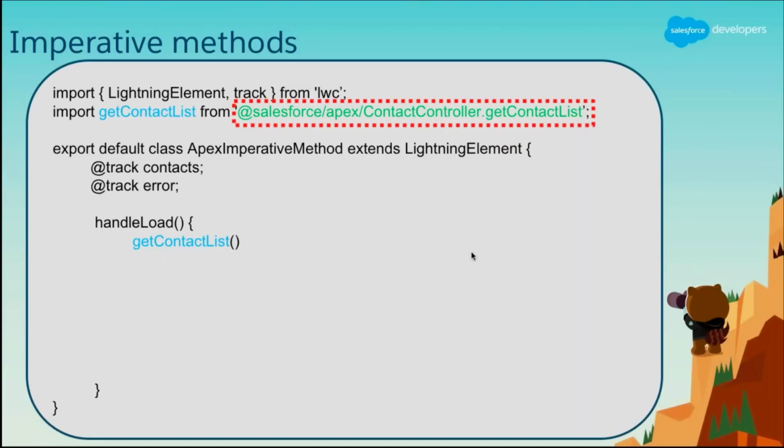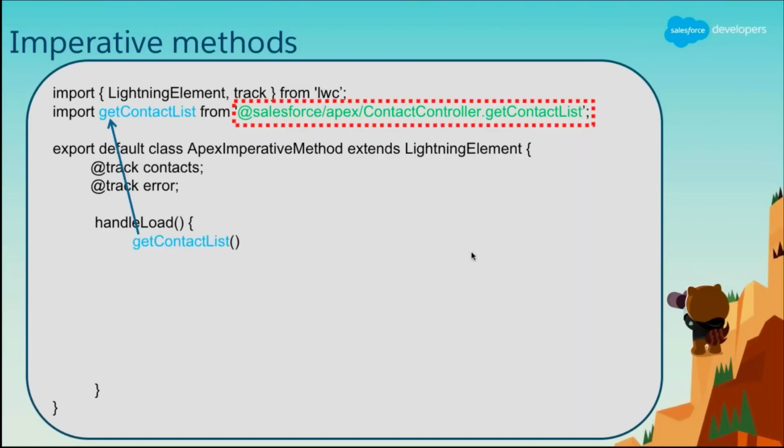But if you have a namespace, you can also give namespace dot class name dot method name there. So once you have imported, you can just call it. As I said, when you import an Apex method, it works like a JavaScript function. And whatever I'm currently displaying here is JavaScript, right? So I'm just calling the getContactList function from there.